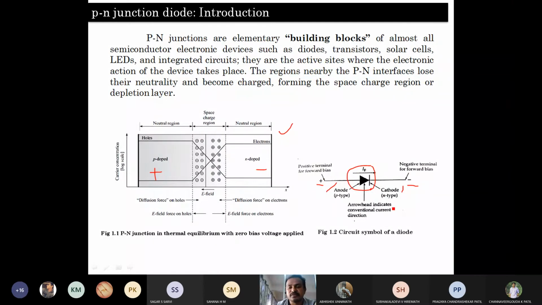Generally we label positive and negative. So this is the symbol of a diode and the names of its terminals: anode terminal and cathode terminal. Anode is positive, cathode is negative.